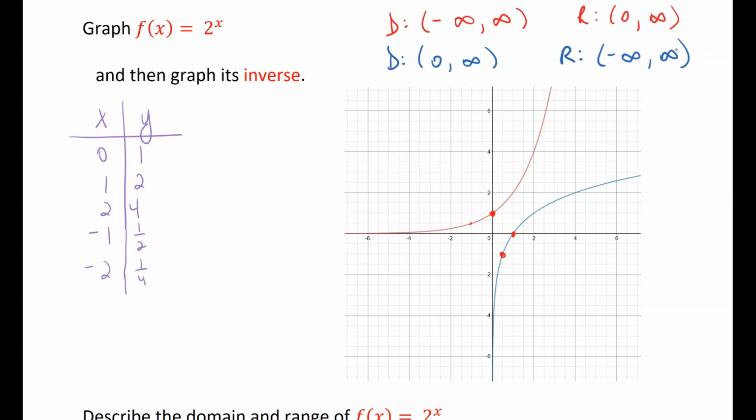Okay, the other thing I asked you for were asymptotes. On the 2 to the x, is there an asymptote? Yeah, what's the asymptote on that one? Y equals 0. Yes, we do have a horizontal asymptote at y equals 0.